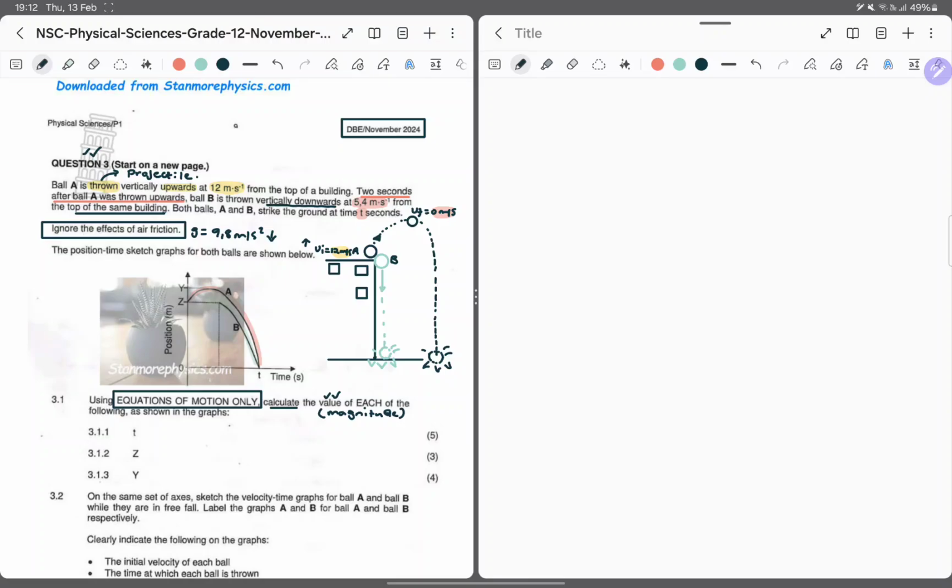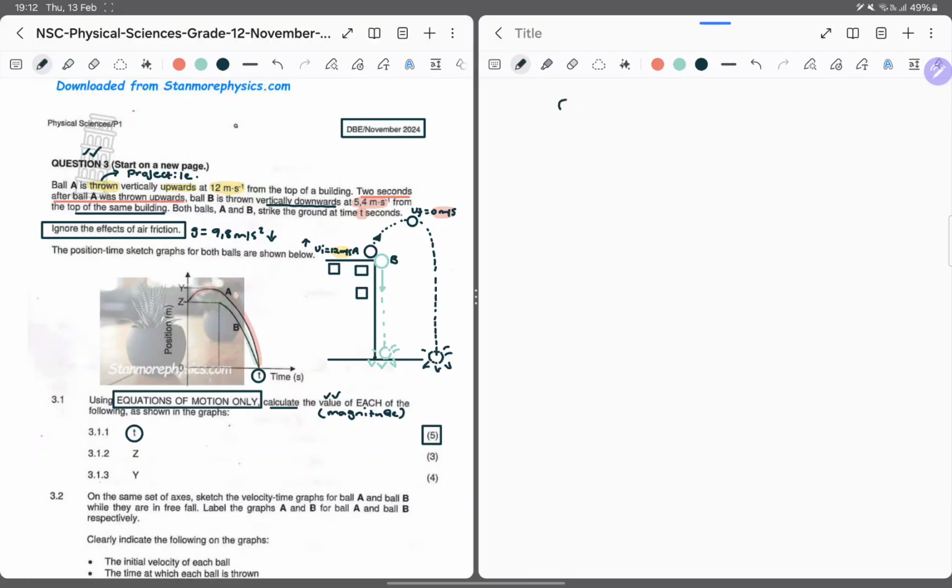Sometimes they become very subtle, very vague, so that you start dying a slow death. Okay, as shown in the graphs. Okay, not a problem. We want time t. So this is the time when they reach the ground. So that's not a problem. It's a 5-mark question. So this means it's one of those silly questions. It's the complexities of VPM.